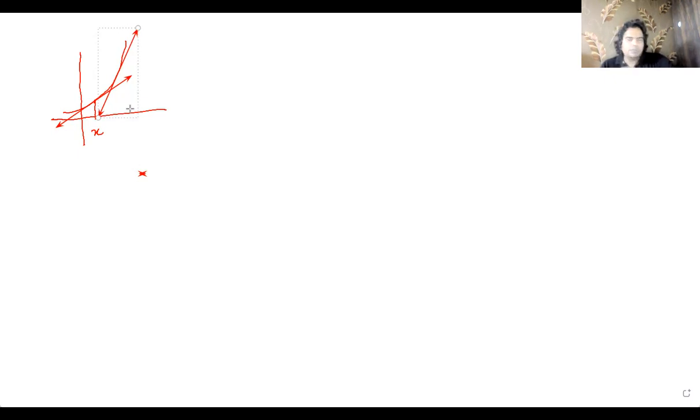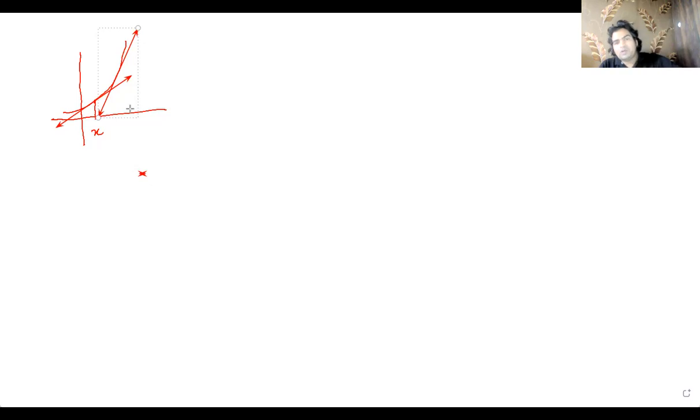How do we tackle this need? Is there a way to have a formula for that curve so that I can put in an x coordinate and get the slope? For a line, the slope was constant throughout. You don't have multiple slopes.